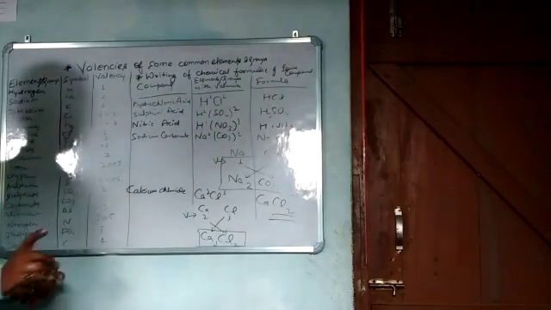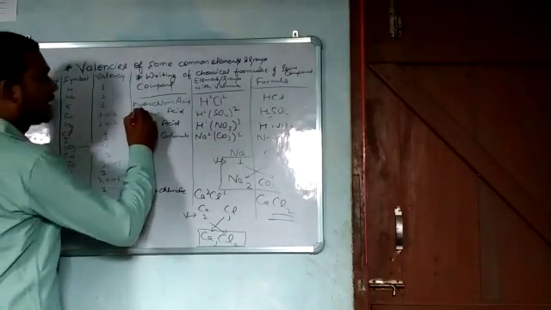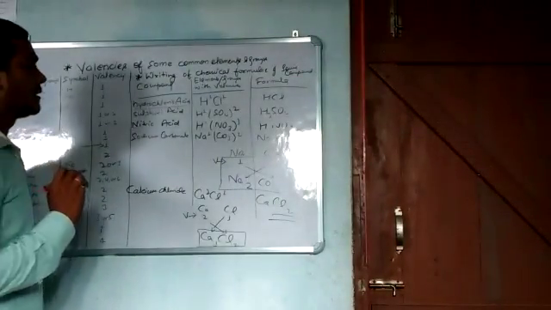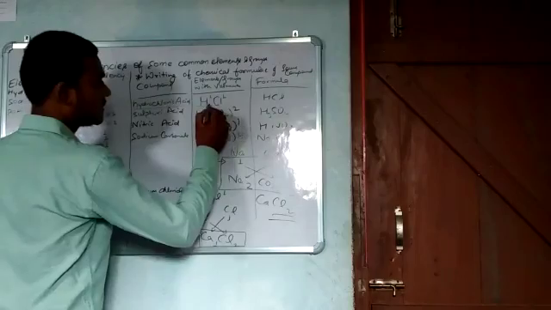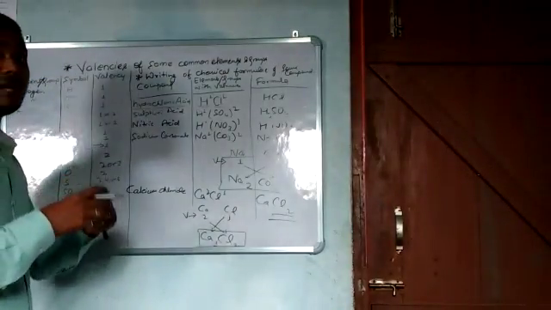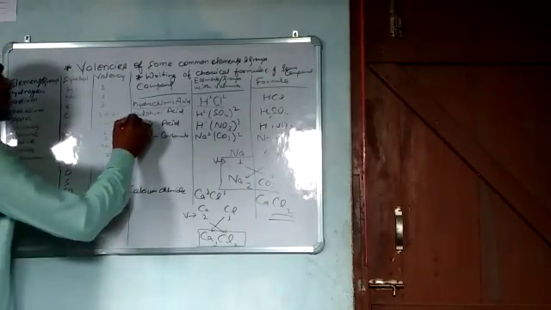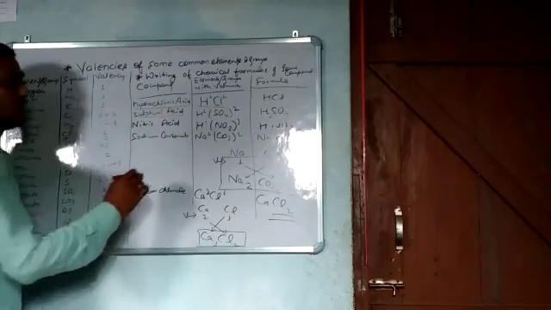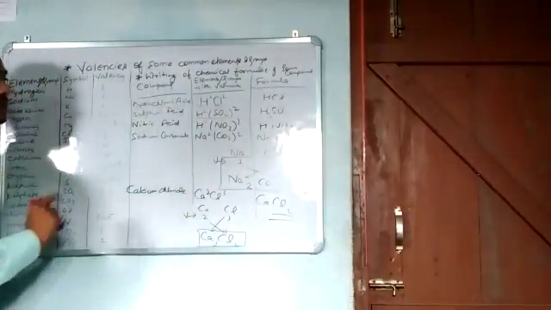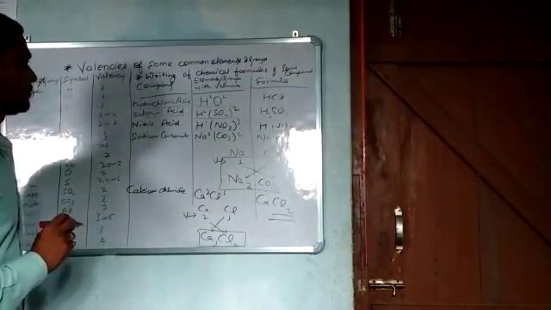Okay, first of all, notice one thing. First is hydrochloric acid. In hydrochloric acid, one atom of hydrogen and one atom of chlorine are involved to form this hydrochloric acid compound. Okay, sulfuric acid consists of two atoms of hydrogen and one atom of sulfate.